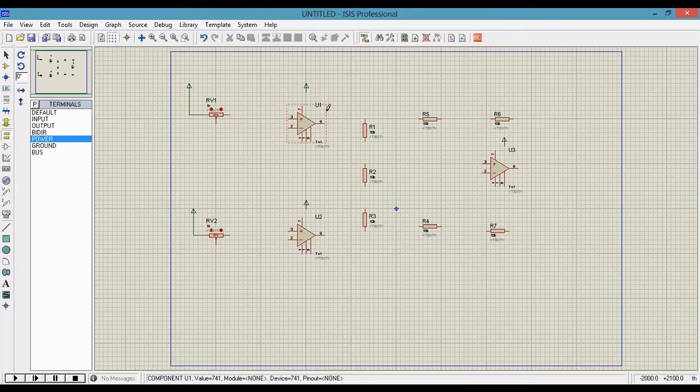In IC 741, pin 7 is plus VCC, so connect it to this power. Next, this is called ground. Connect the ground here.